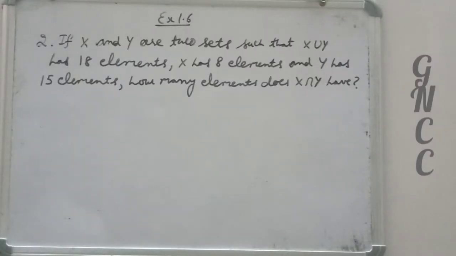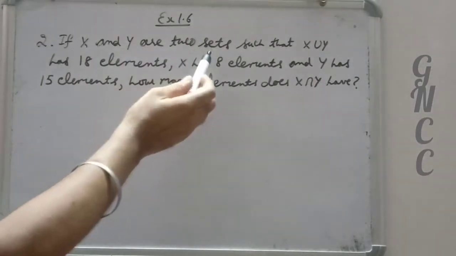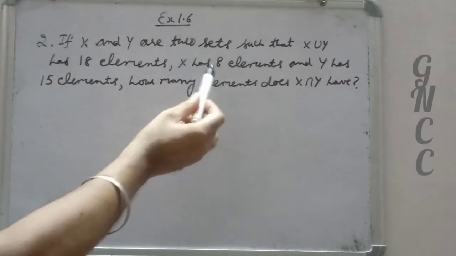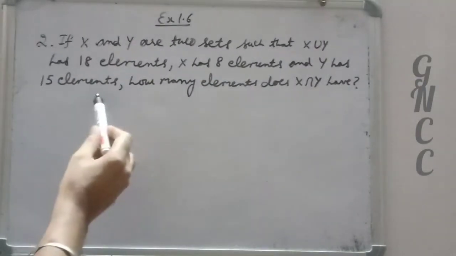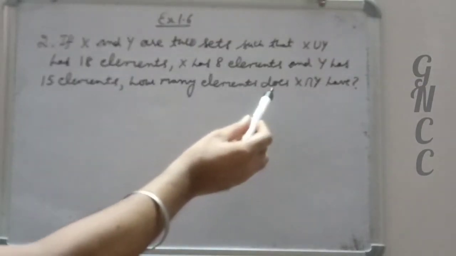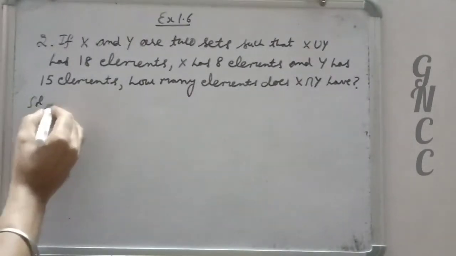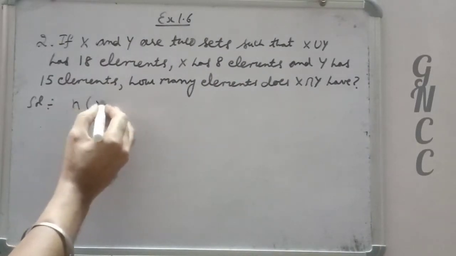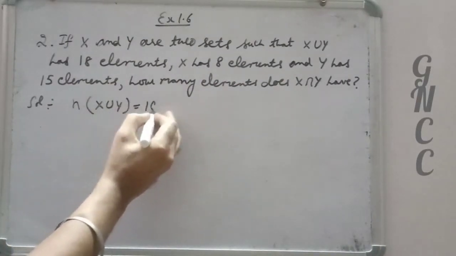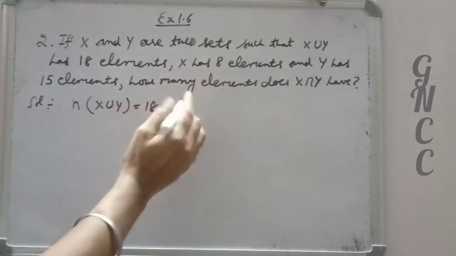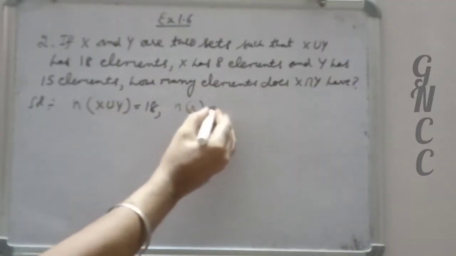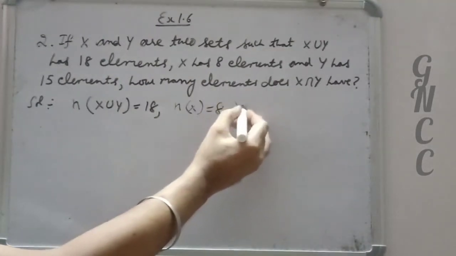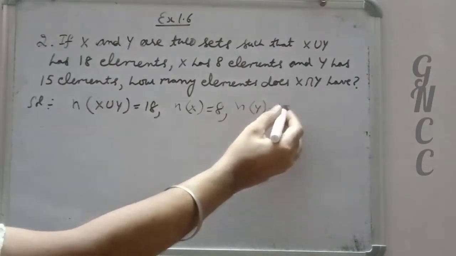Second question is, if X and Y are two sets such that X union Y has 18 elements, X has 8 elements and Y has 15 elements, how many elements does X intersection Y have? So X union Y has 18 elements, that means n(X union Y) equal to 18. X has 8 elements, therefore n(X) equal to 8. Y has 15 elements, therefore n(Y) equal to 15.